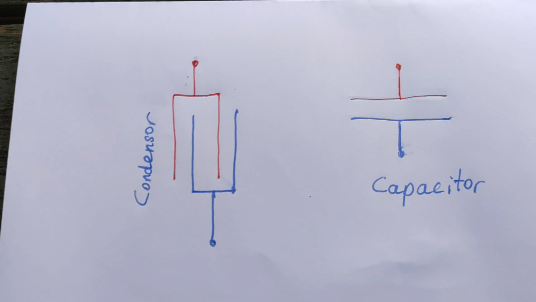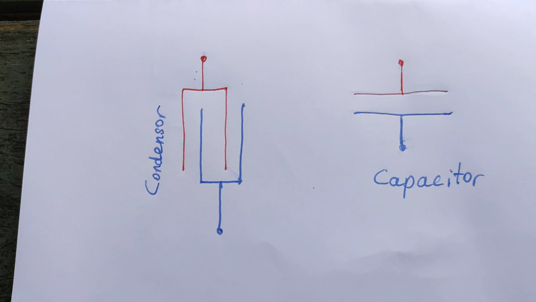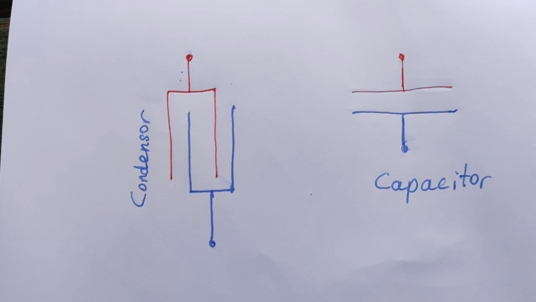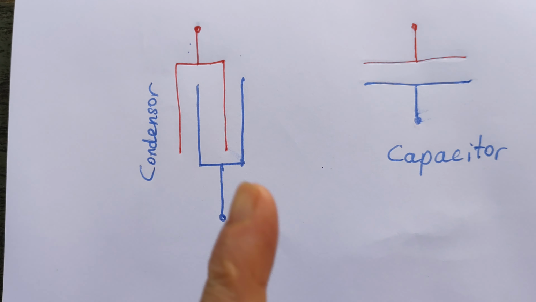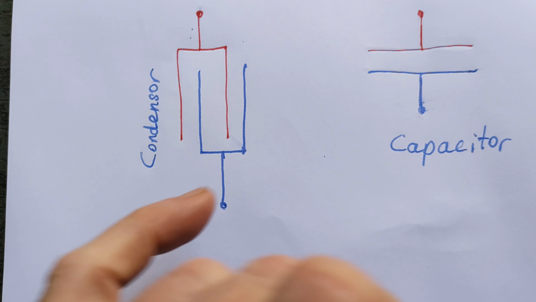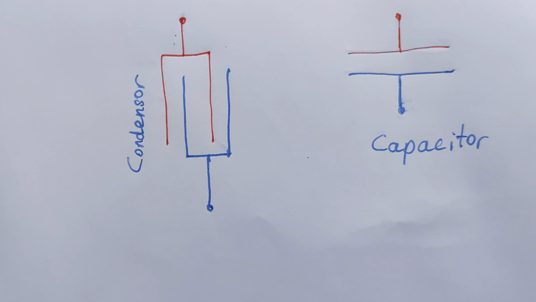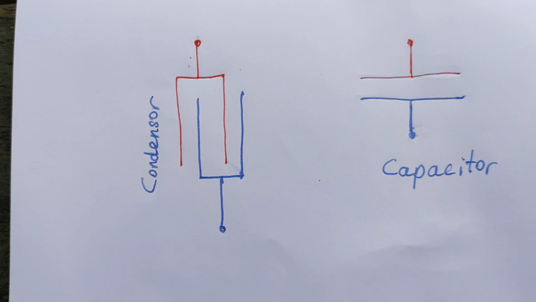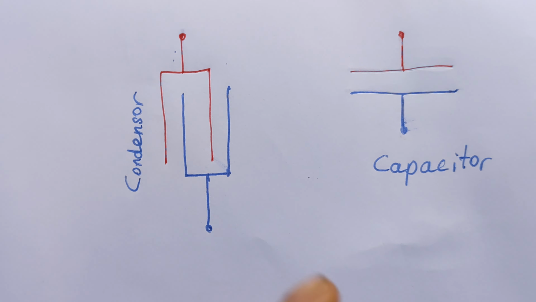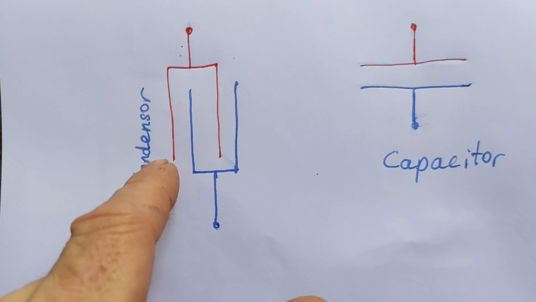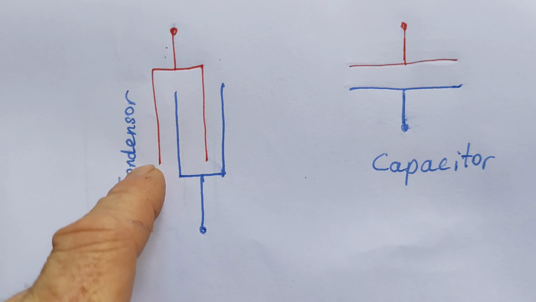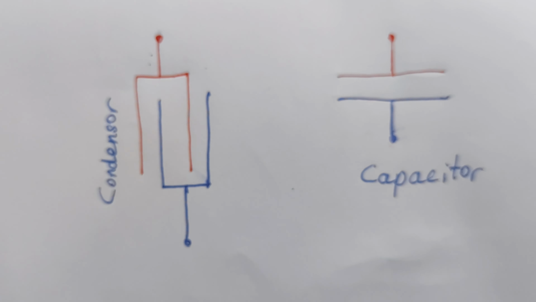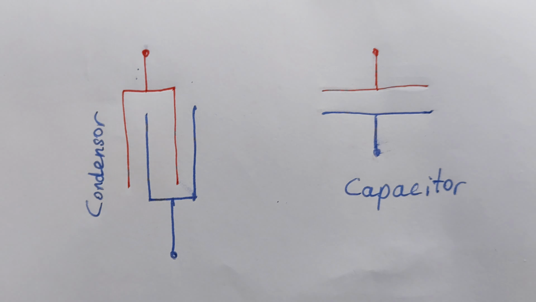Well, if you're anything like me, you may have looked into history a little bit related to electronics and electromagnetics. And you might have noticed condensers and capacitors. Now, what's very interesting is we are told that in the old days they called them a condenser, but now we call it a capacitor, and we've just got a slightly different symbol.